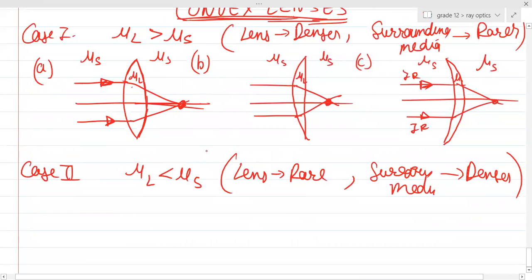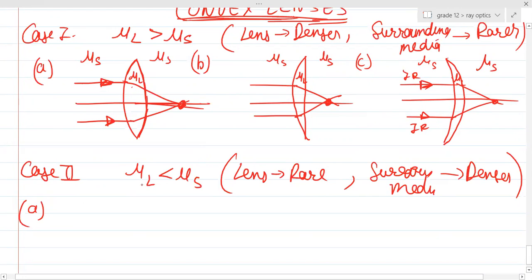Tell me, what happens if I reverse the polarity? Guys, in current electricity, if I reverse the polarity, what happens? Current flows in the opposite direction. Or can I say the behavior just reverses? Yeah. So here also the same thing happens.